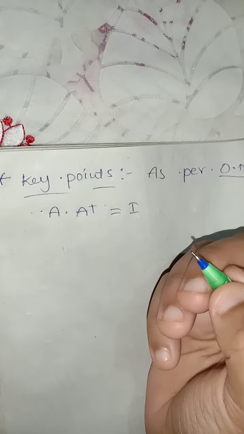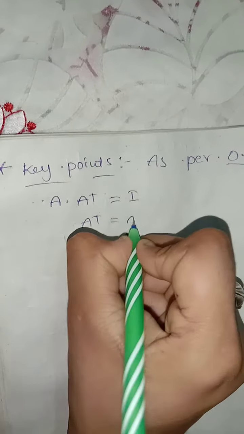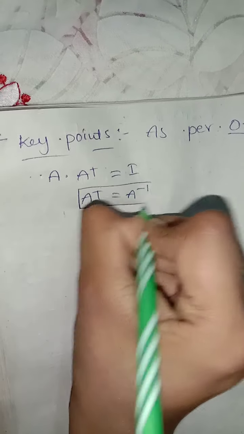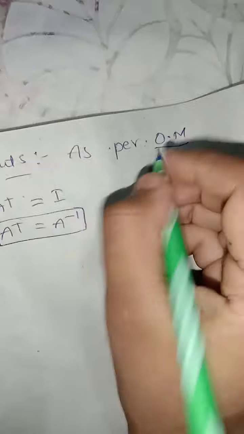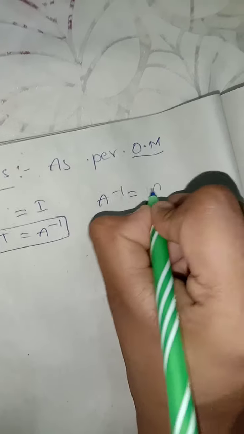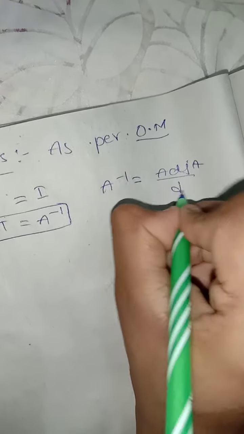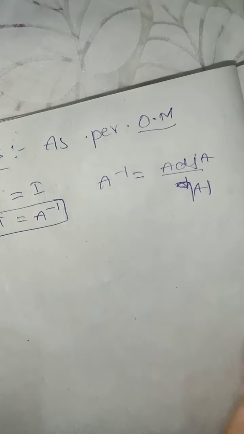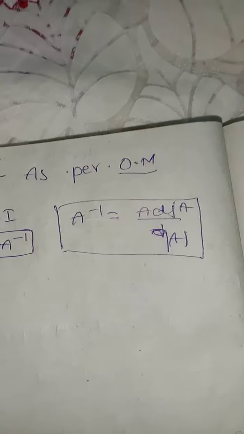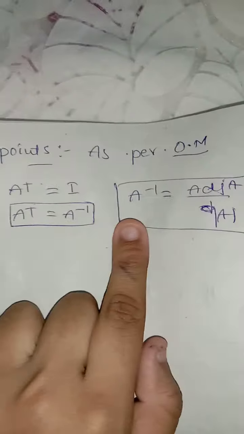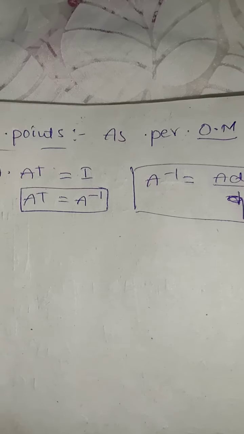So A transpose is equal to A inverse. See how simple it is. Actually, the inverse formula is adjoint of A by det A. This is the formula of A inverse. But if they ask to find the inverse of an orthogonal matrix, we can easily find it by transposing it.